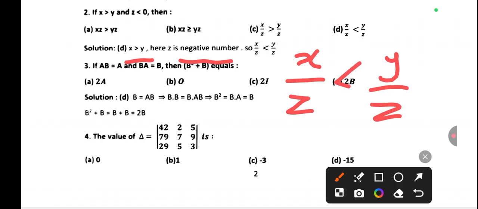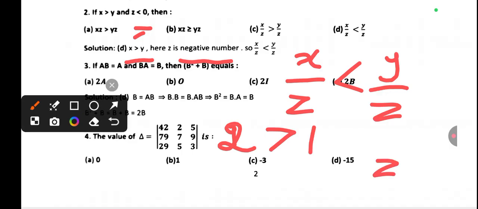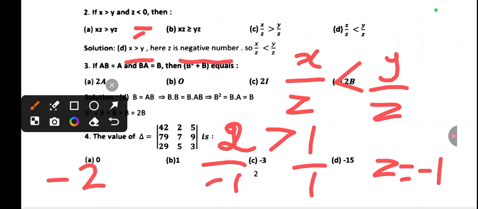Why? X is bigger, but once Z is negative, the inequality reverses. For example, consider X as 2 and Y as 1. So 2 is greater than 1. But Z is negative, consider Z as minus 1. So 2 by minus 1 and 1 by minus 1 gives minus 2 and minus 1.